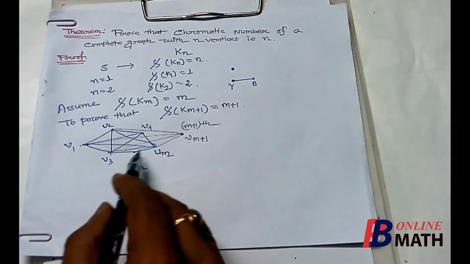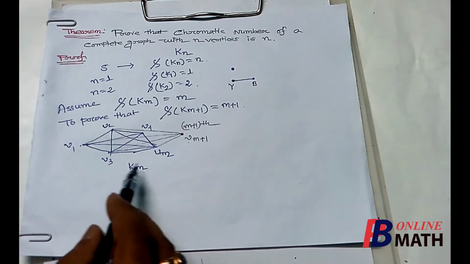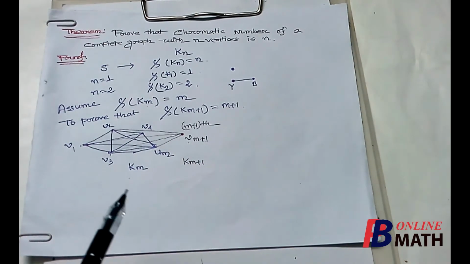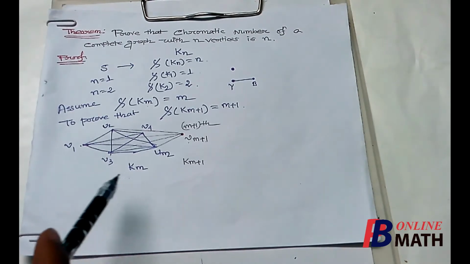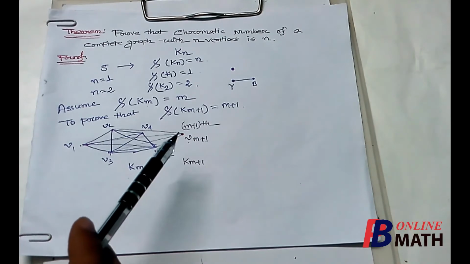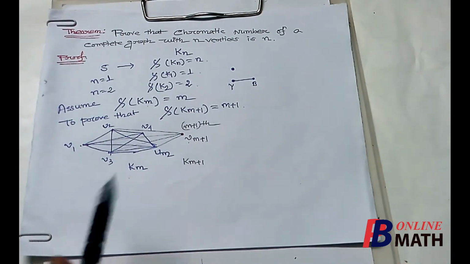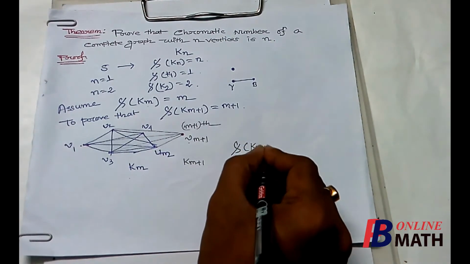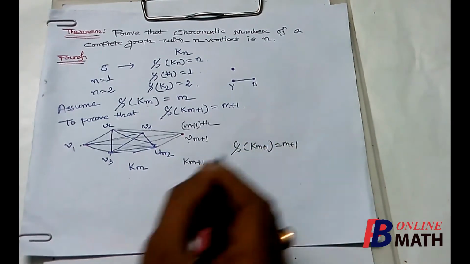Now if we consider this complete graph having m plus 1 vertices, what is the minimum number of colors required to color this graph? Simply here we find that the minimum number of colors required is m plus 1. So the chromatic number of Km plus 1 is m plus 1.